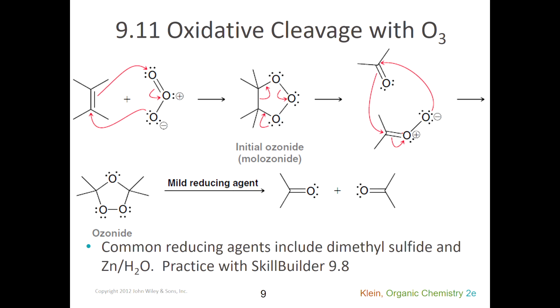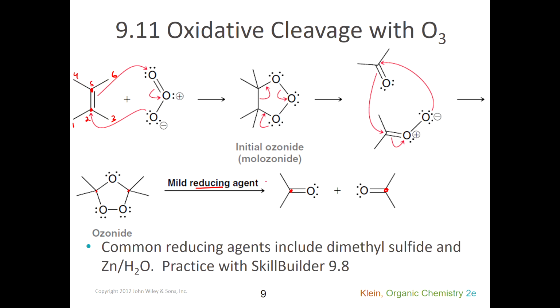I get these intermediates, more arrows occur. I get another intermediate, and then there's a reduction process that occurs, and the two carbons that were initially connected through a double bond end up separating on separate molecules. And so let's just number these and keep them straight.